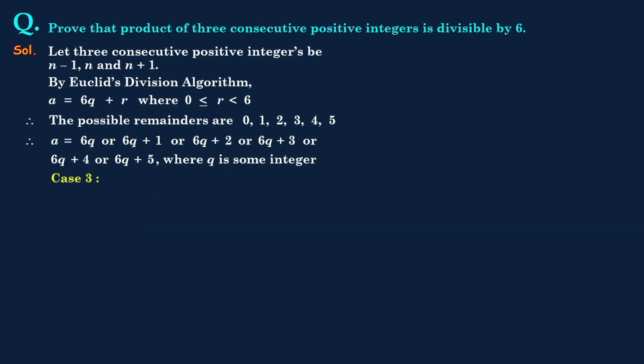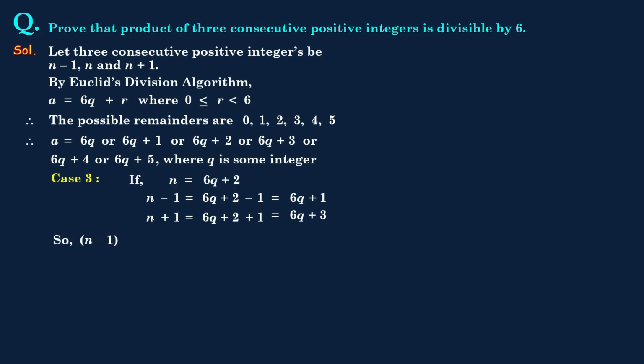Now we will consider case number 3, where n equal to 6q plus 2. So n minus 1 will be 6q plus 2 minus 1, that is 6q plus 1, and n plus 1 will be 6q plus 2 plus 1, that is 6q plus 3. So the product is going to be 6q plus 1, 6q plus 2 and 6q plus 3. Now 6q plus 1 we will keep as it is.